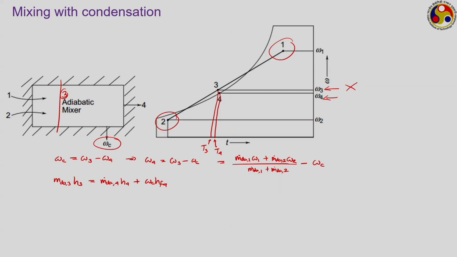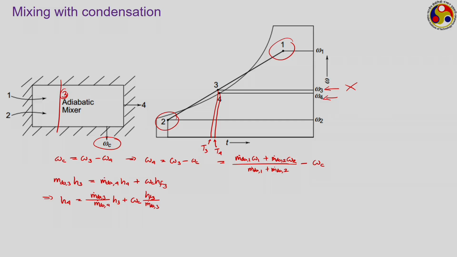Let us assume omega c to be at the temperature of 3 only, because it is getting formed by the condensation of the moisture which is present at temperature T3. Then from there we have to identify H4. So, your H4 is now m dot dry air 3 upon m dot dry air 4 into H3 plus omega c into Hf3 by m dot dry air 3.